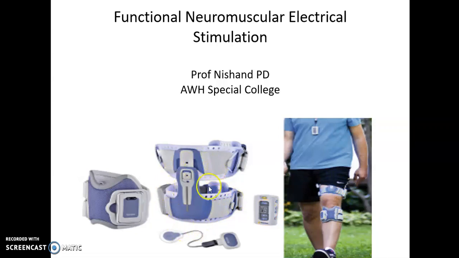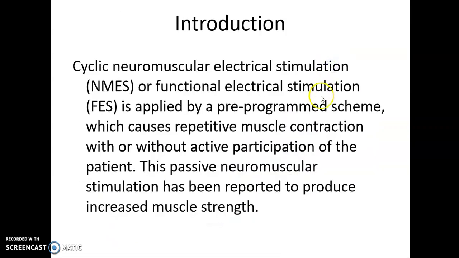And in the other picture you can see the devices, the electrodes which are used for stimulation, and the controlling devices, and the system to change the frequency, intensity, and pulse duration so that the desired effect can be achieved. So different types of functional neuromuscular electrical stimulators are available in the market.